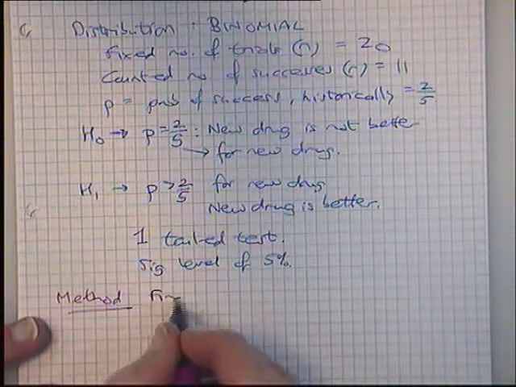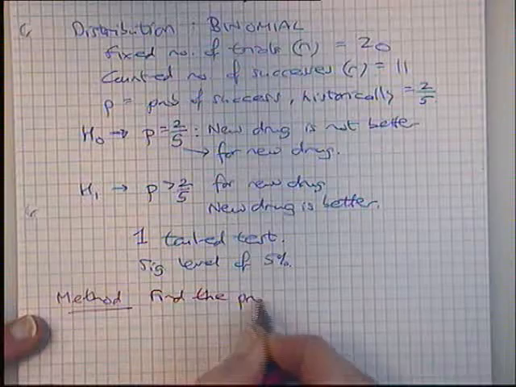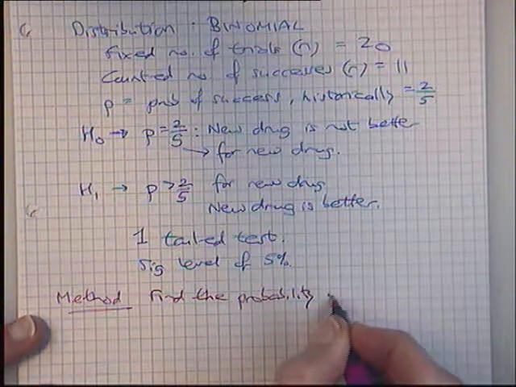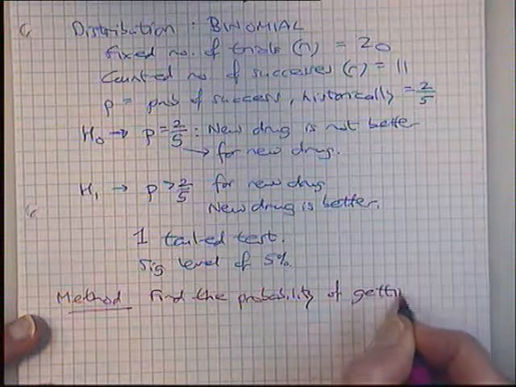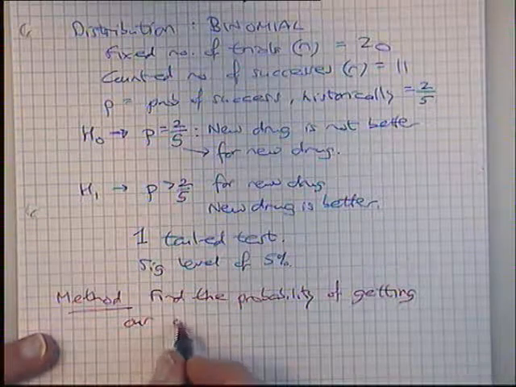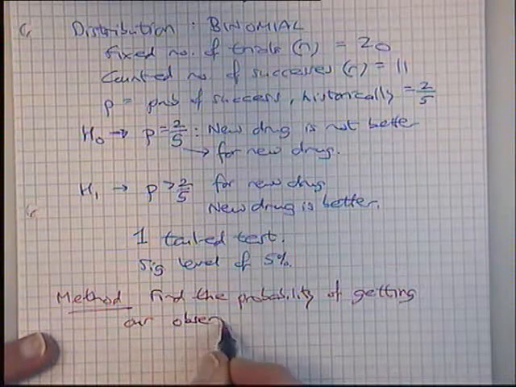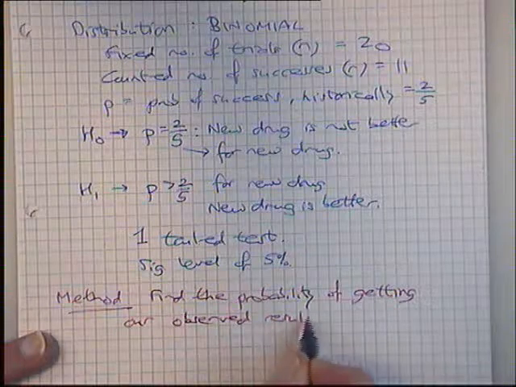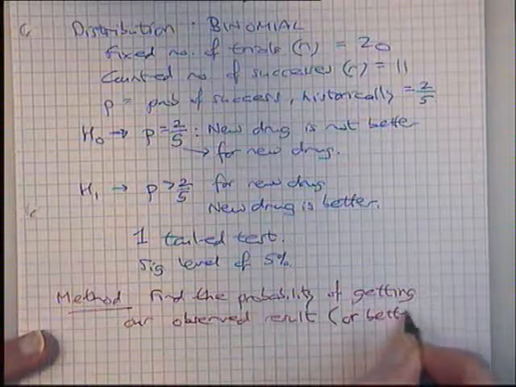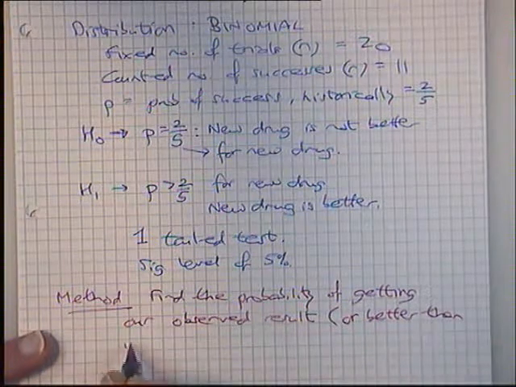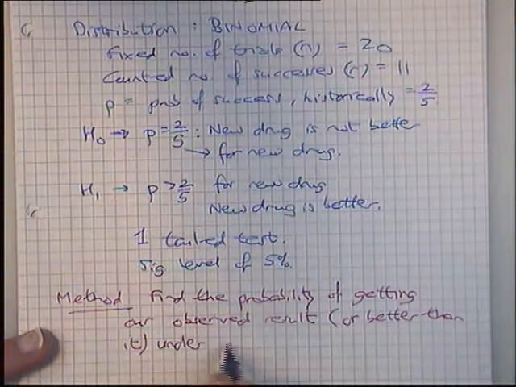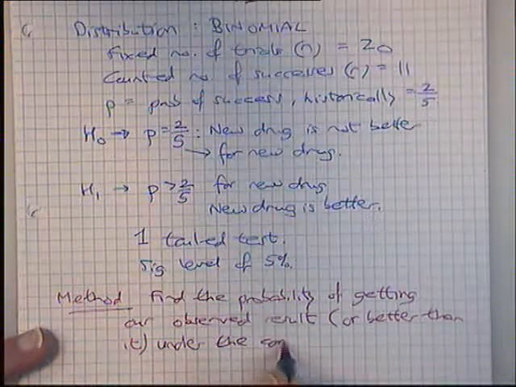We are going to find the probability of getting our observed result or better than that under the conditions of H0.